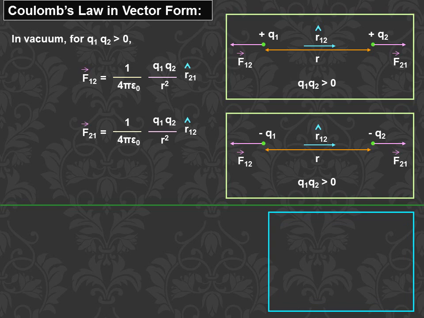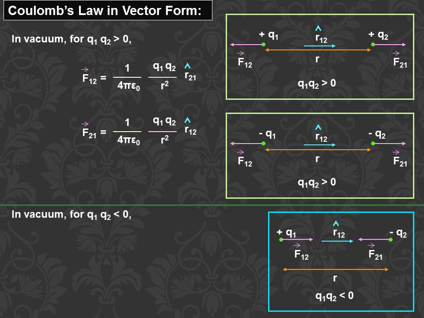But if we take two charges which are opposite to each other, plus Q1 and minus Q2, separated by a small distance small r, then we get attraction between these two charges because unlike charges attract each other, and we get the equation of Coulomb's law in vector form.